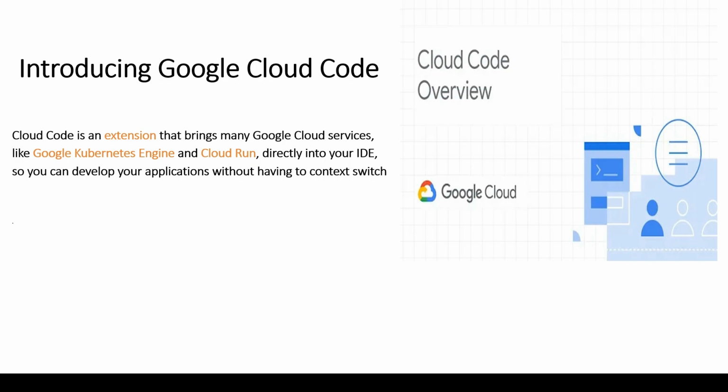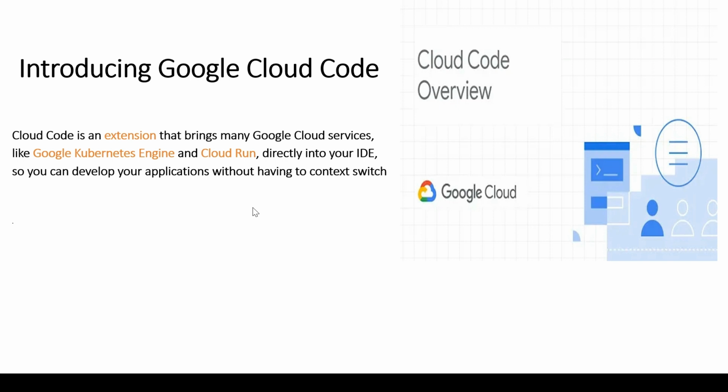Google Cloud Code is basically an extension that brings many Google Cloud services, such as GKE, Cloud Run, Cloud Functions, Apigee, and many more, directly into your IDE, so you can develop your application without having to switch context.